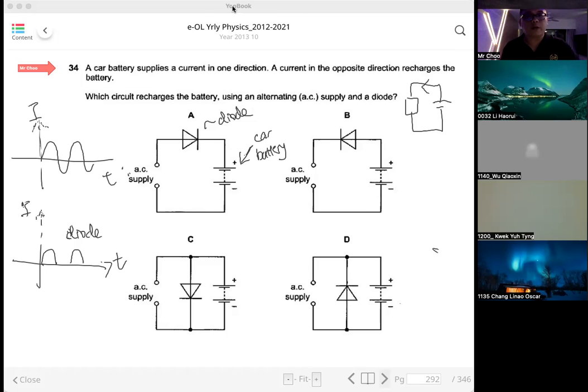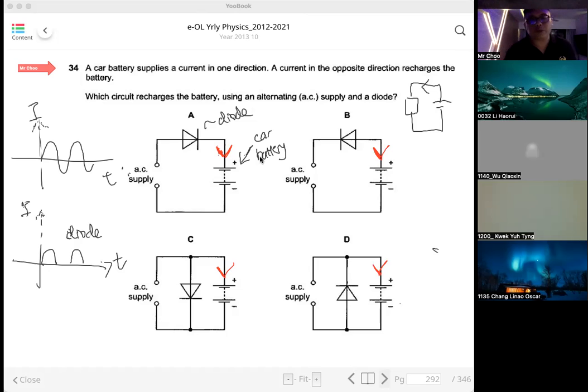Let me show you. In this case, you need the current to flow this way for it to charge the battery, the opposite direction. Clear? So you need your current to flow in the opposite direction to charge the car battery. So you're using the AC supply to charge the car battery.